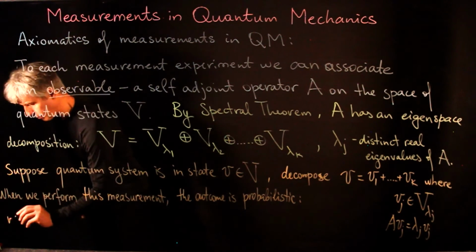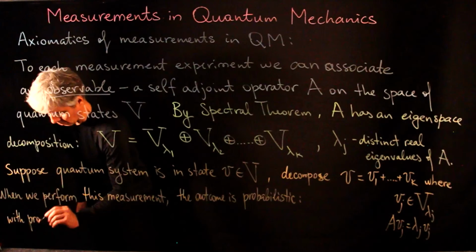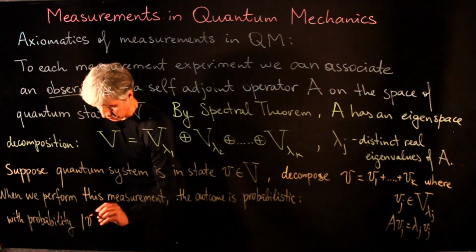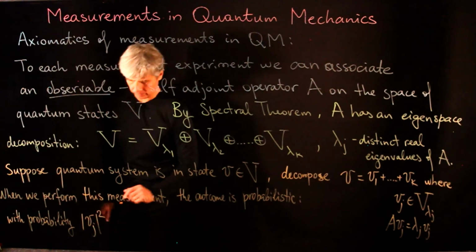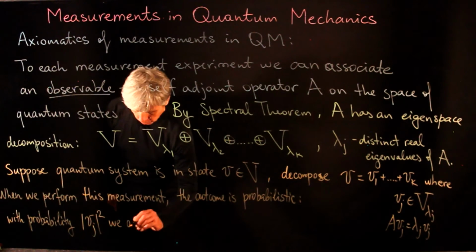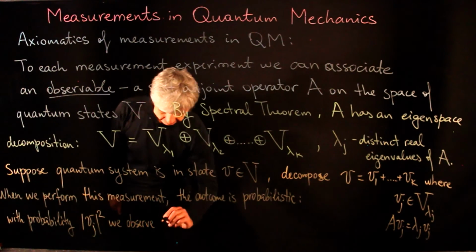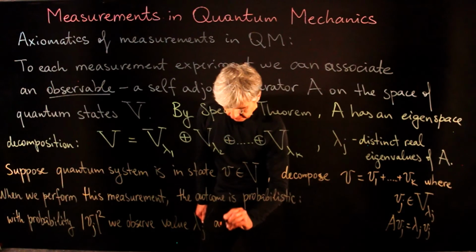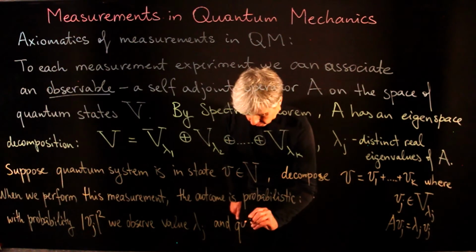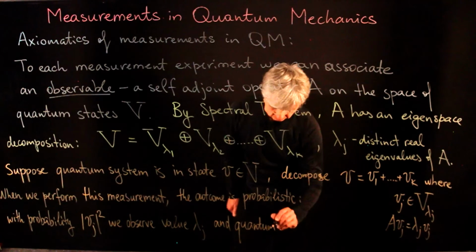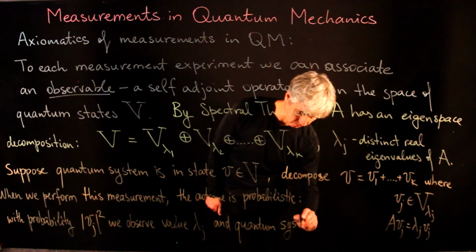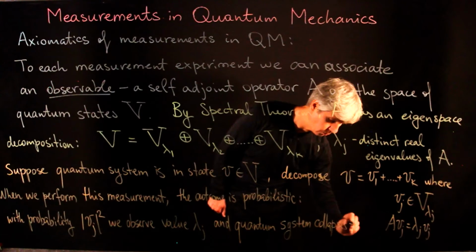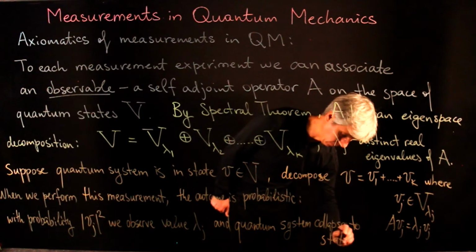So with probability which is equal to norm of Vj squared, we observe value lambda j, and the quantum system collapses to state Vj.